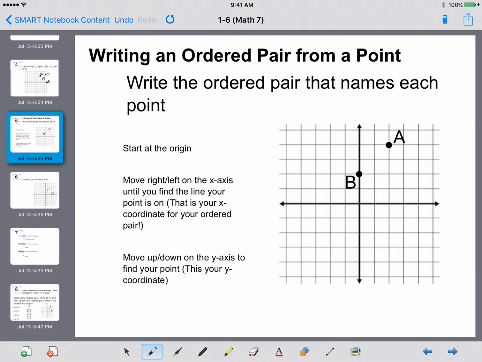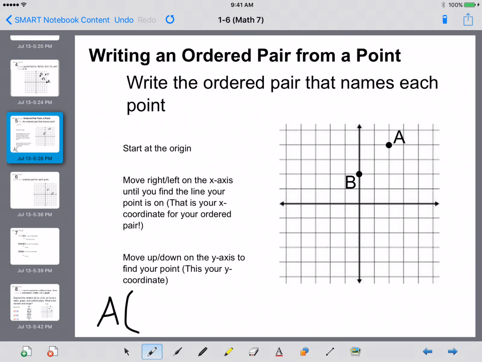Now we want to write an ordered pair from a point. We want to write the ordered pair that names each point. So we have A and B on our coordinate plane there. We're going to start at the origin. We're going to move left or right on the x-axis until we find the line that our point is on. That's the x-coordinate for our ordered pair.